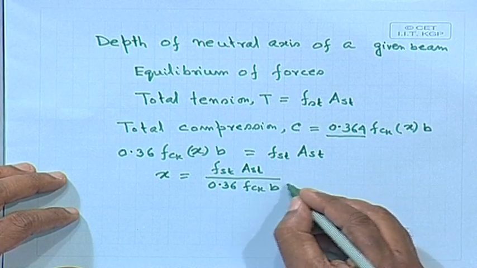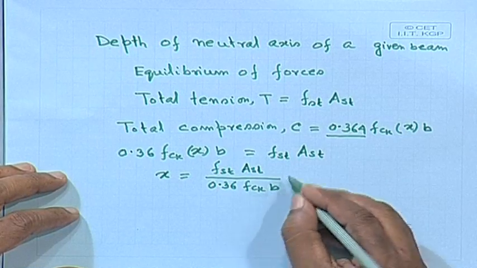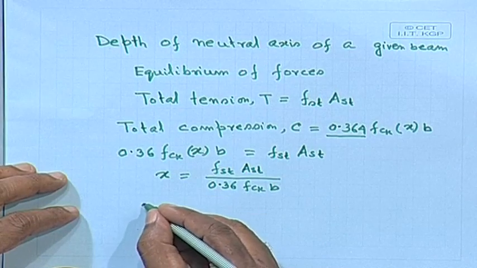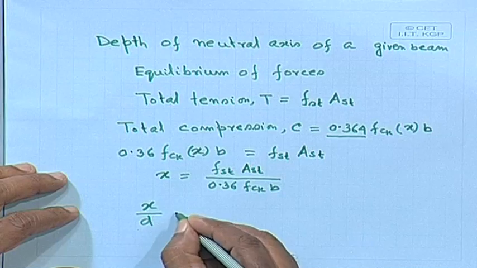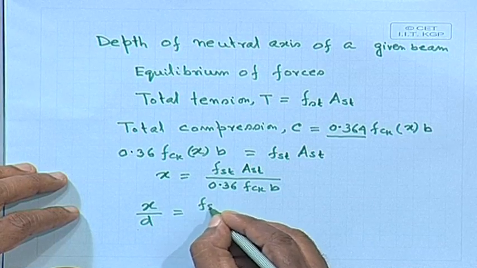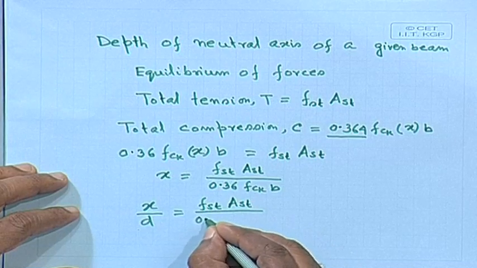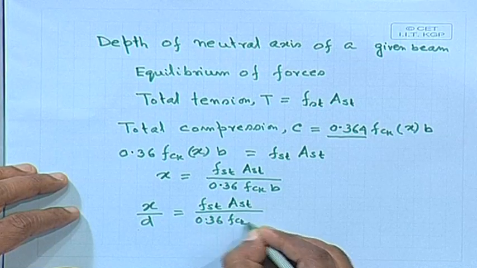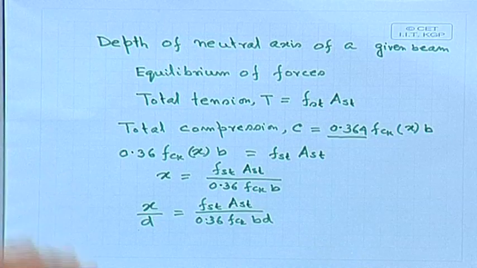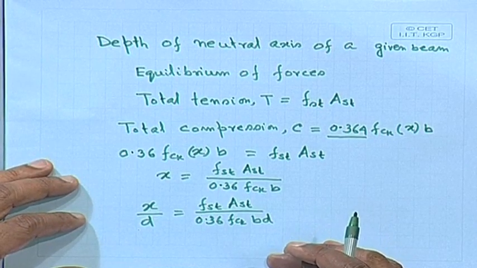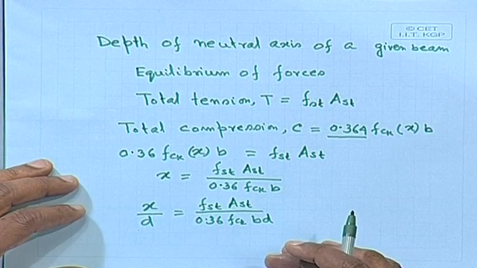We can also write it the other way, as x by d equal to FST AST divided by 0.36 FCK B times D. We write the equation in this fashion, that x by d, instead of directly computing that value, we specify in this ratio.